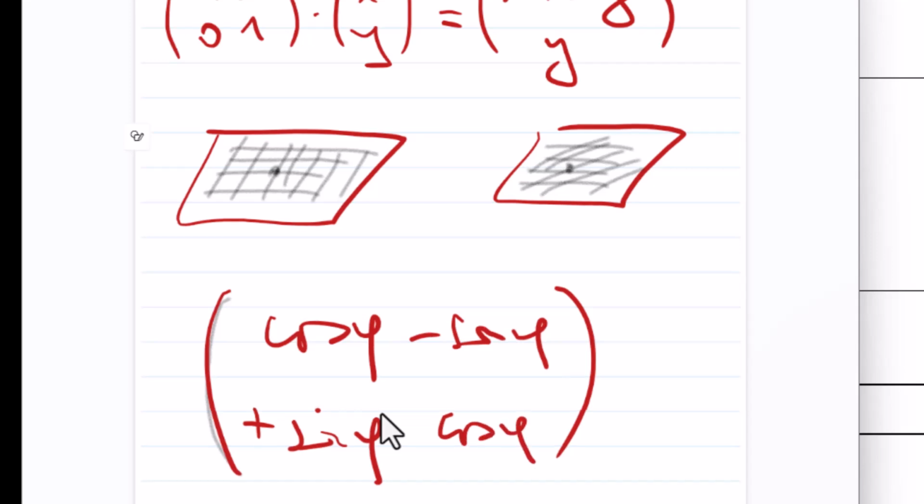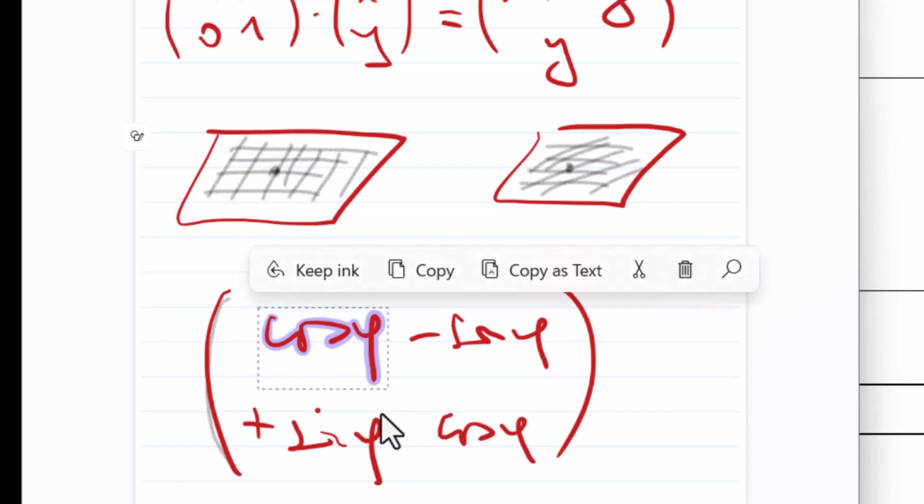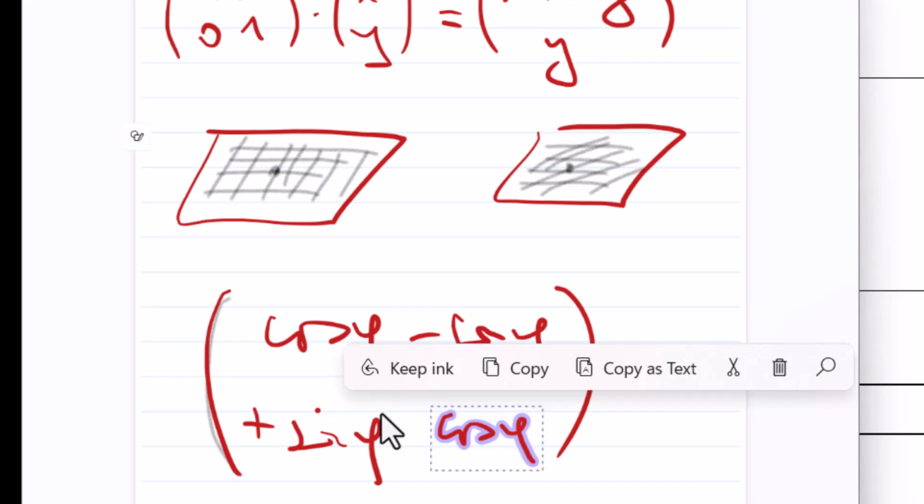That's the positive rotation by phi. So you see that I've got the same thing here and the same thing here, and I've got here the two up to a sign, which can be different.